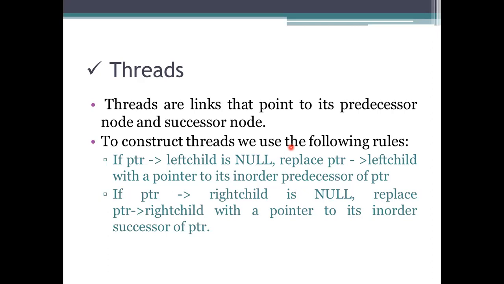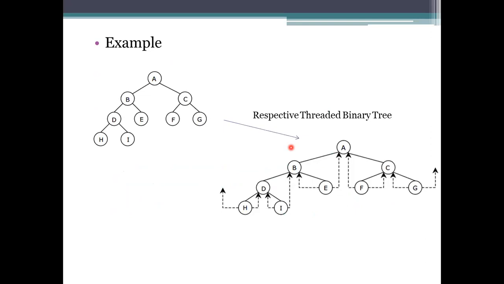And coming to this, how we are placing it is, if the left child is null, means the left representation is null, just replace this left child with a pointer to the in order predecessor. If it is a right child, the successor of that one has to be considered. See here, this is the respective threaded binary tree for this diagrammatical representation.